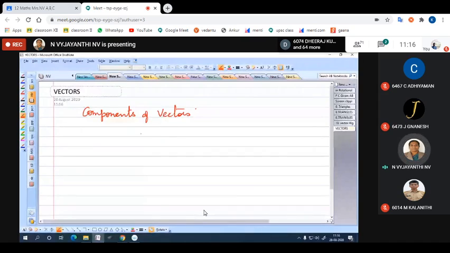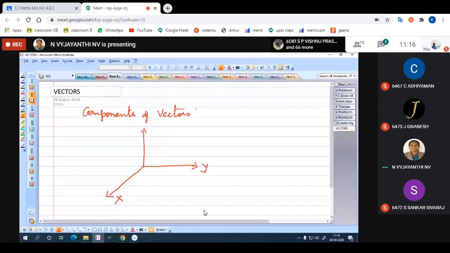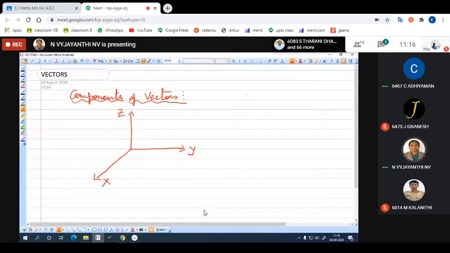Here we should know about the unit vector concept. If you consider the three axes x, y, and z, we will always consider a unit vector. Now we are getting introduced to a vector called the unit vector. What is the meaning of unit vector? Magnitude is 1.